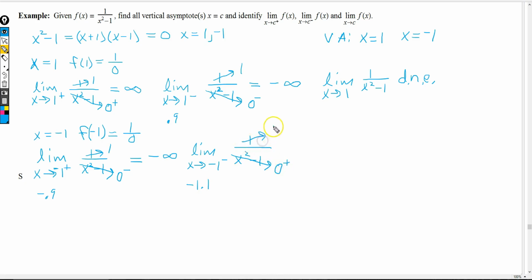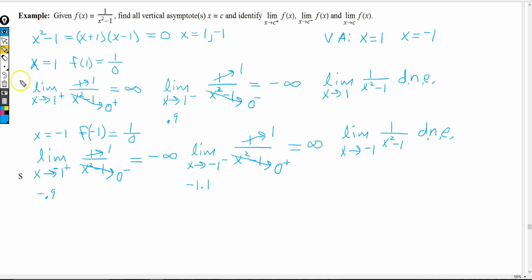The top is still approaching 1. 1 divided by a very small positive number is going to be a very large positive number. So there's our limit. And then for the full limit, we're just going to have to say that that does not exist, because our left and right-hand limits are a different type of infinity.